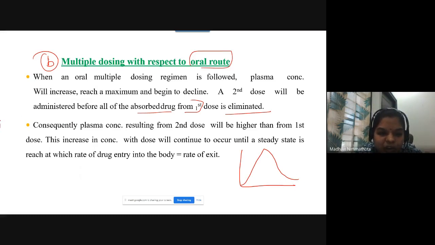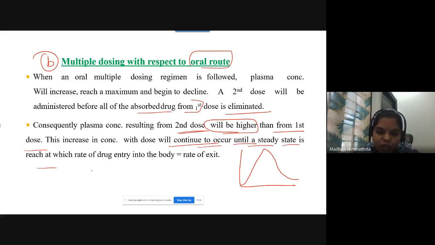The consequent plasma concentration resulting from the second dose will be higher than the first dose. So your plasma drug concentration available at the second dose will be higher than the first dose. This increase in the concentration with each dose will continue to occur until a steady state is reached.